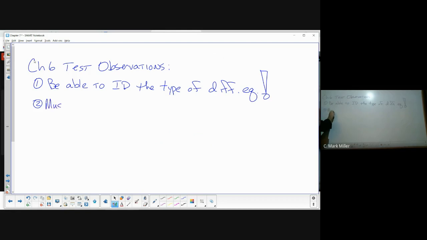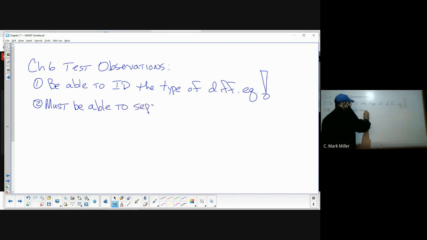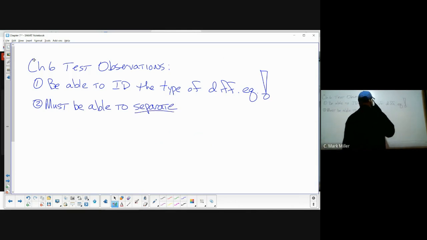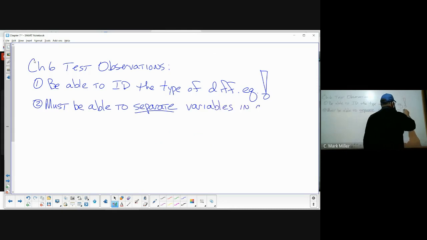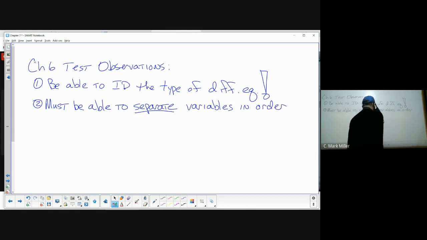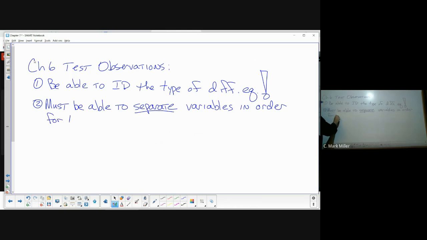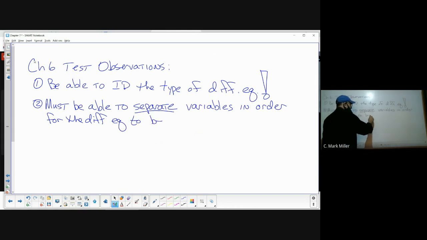Must be able to separate variables in order for the diff Q to be separable.